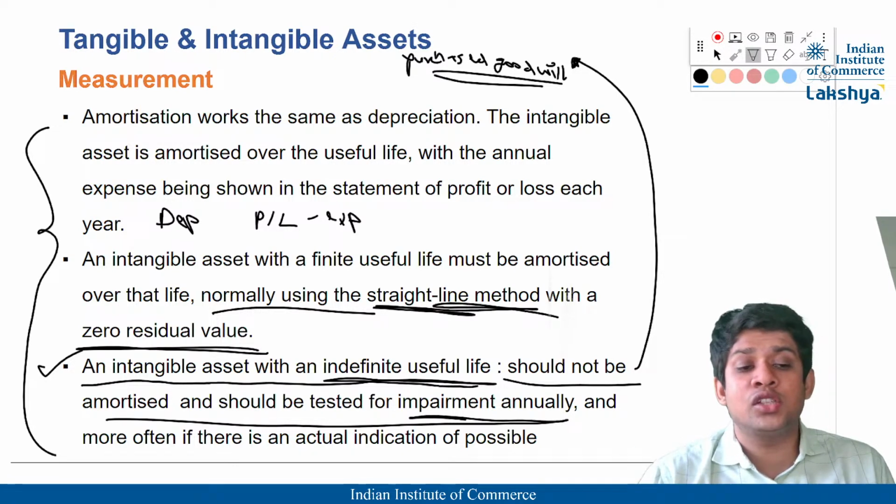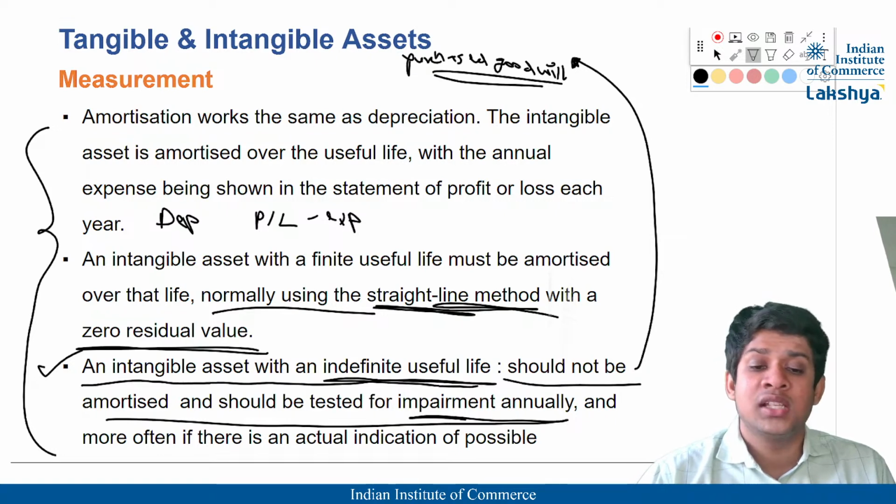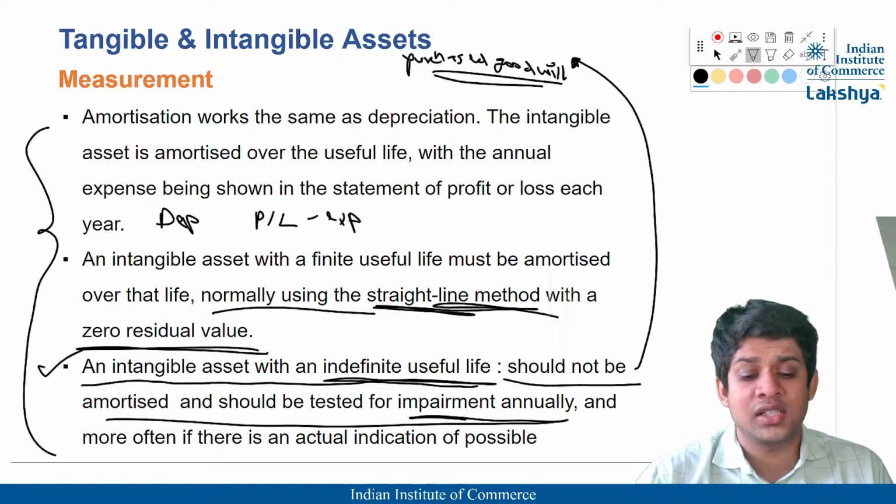So purchased goodwill is not going to be amortized because it has an indefinite useful life. Like your land, your land has an indefinite useful life, so land does not depreciate. Same way, purchased goodwill has an indefinite useful life, so it is not going to be amortized.